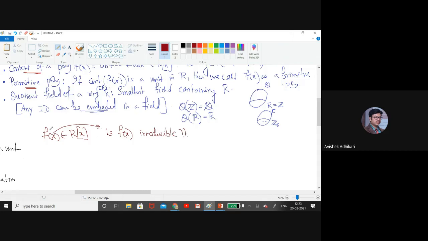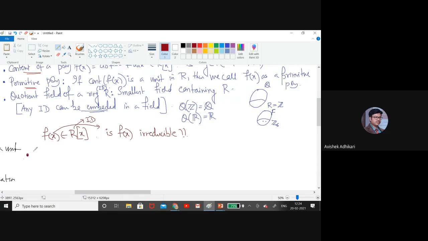That means we need to consider a few polynomials from that ring, where R is an integral domain, and we need to check whether this polynomial is irreducible or not. To check that, there is this result, which is very important.